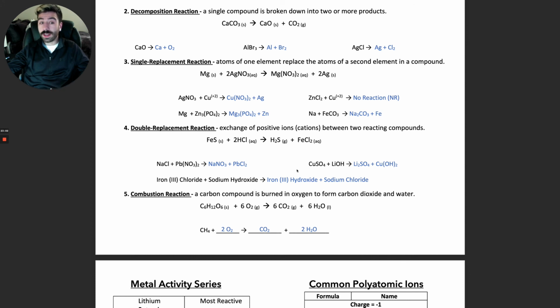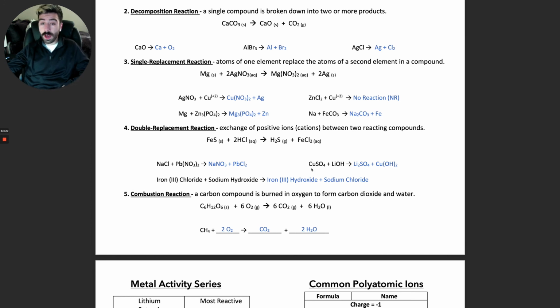Now, if we were to write these out, iron 3 chloride would be FeCl3 plus NaOH, because 3 minus 1 plus 1 minus 1 would give you iron 3 hydroxide, so Fe(OH)3 plus NaCl. And that would be your equation.